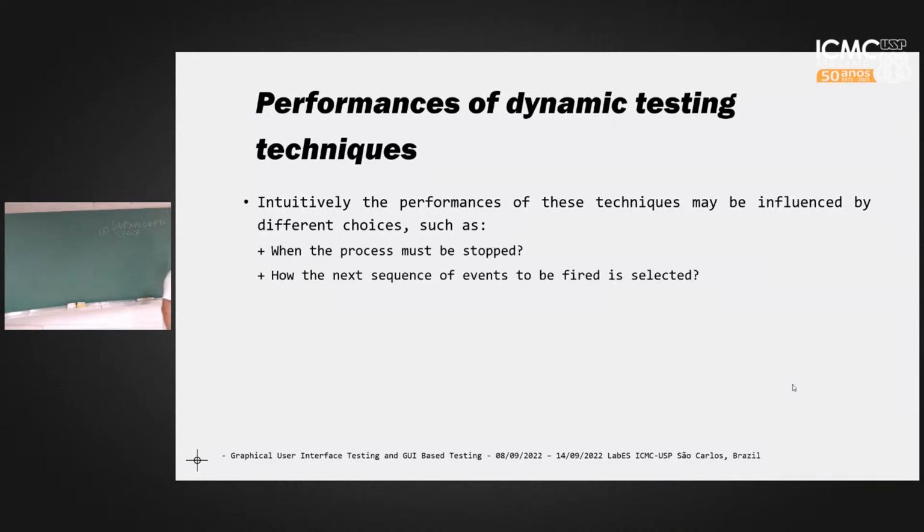Okay, how is the next sequence of events to be fired selected? At the beginning I asked you, Luana, what is your first election? Stefano, what is your first election? And you gave me different sequences of events, because this is the sequence of Luana. Luana goes there, returns to the beginning, and then decides to go on the right.